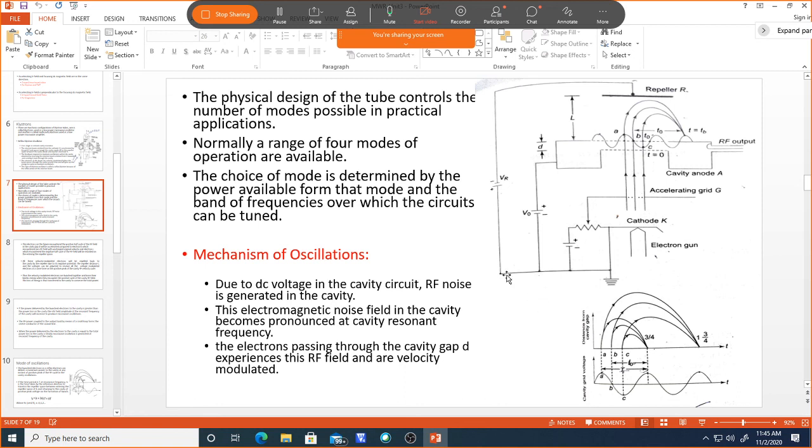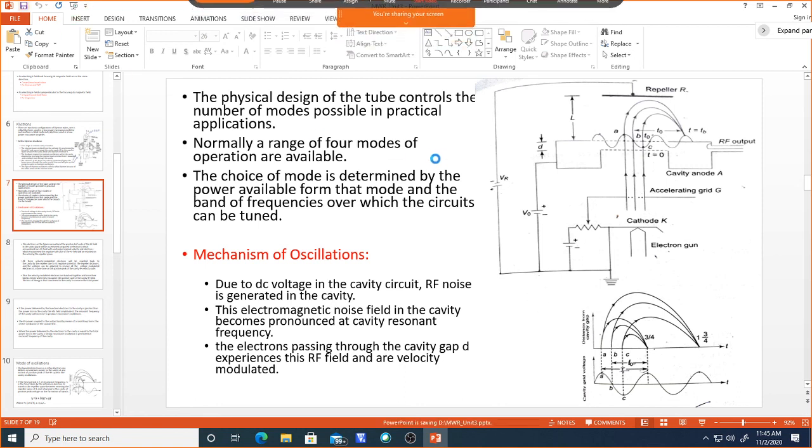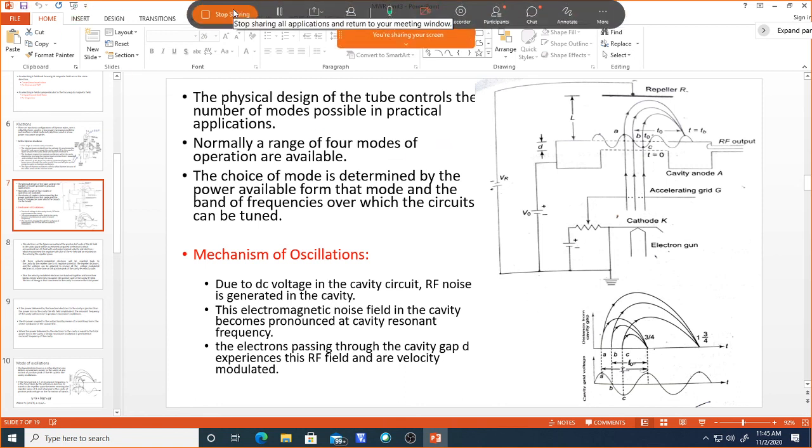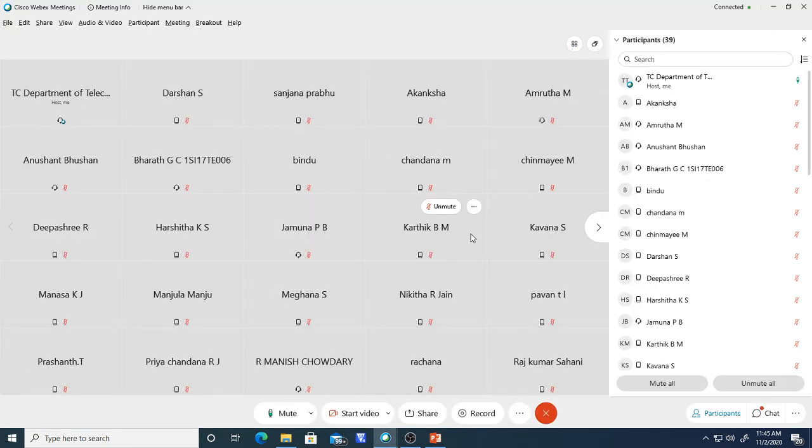Is there any doubt in this? Hello, is it understood the process? Any doubt? Manasa, hello, hello Manasa, any doubt?